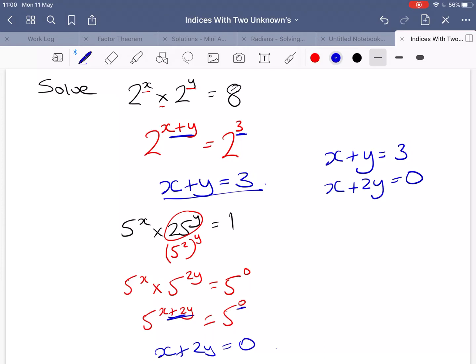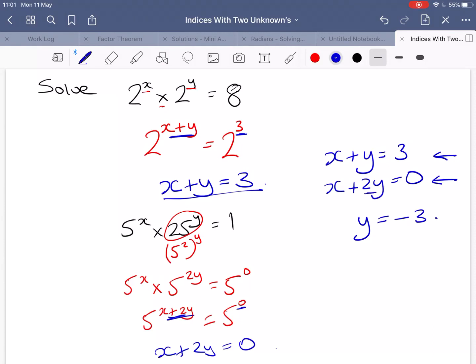But in this case, I can see if I did the bottom equation take away the top equation, I would have y is equal, well, 0 take away 3 is minus 3, okay? So be really careful about that. You've got to think about your negatives and your positives.